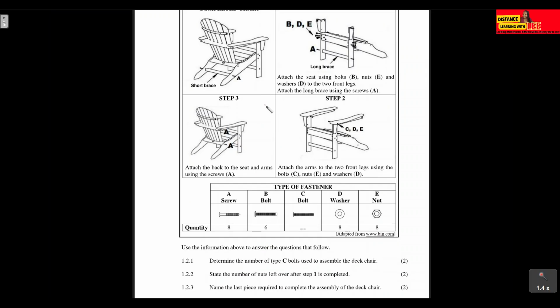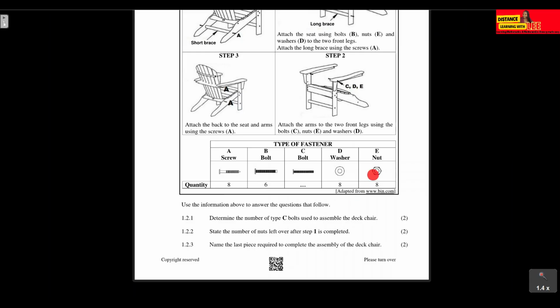We've got 32 pieces, and then we are given further information on the quantity of fasteners. We've got 8 screws, 6 bolts, X amount of C bolts, 8 washers and 8 nuts.